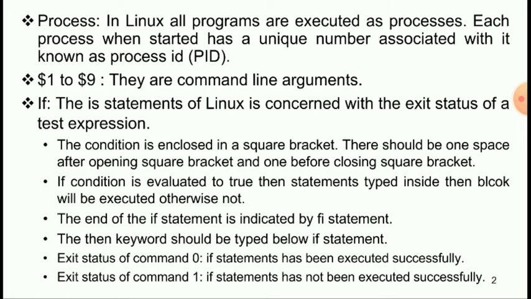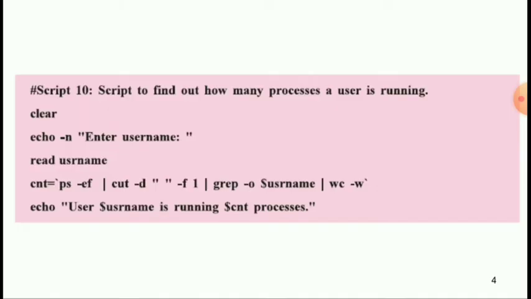Next is a script to find out how many processes a user is running. Open vim with a file name and the .sh extension. The vim editor opens in command mode.